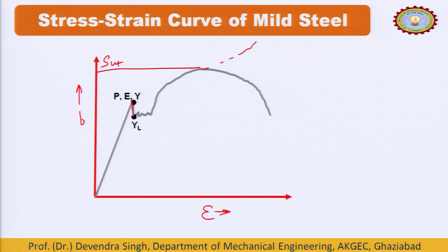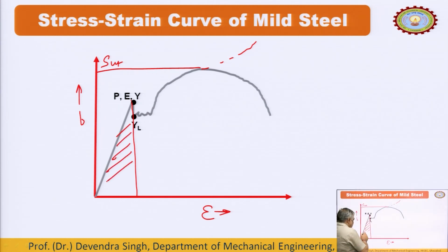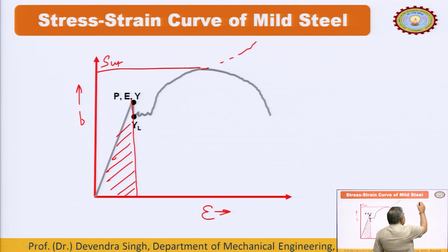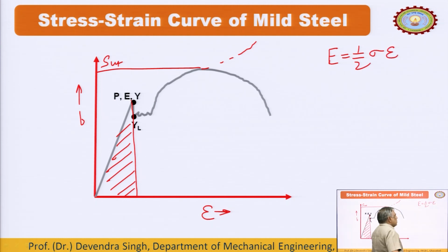Up to the elastic point, the area under this stress strain curve, in fact the strain energy, is half sigma into epsilon. All of you have learned this strain energy in your previous course on the strength of materials. So, this area is resilience.